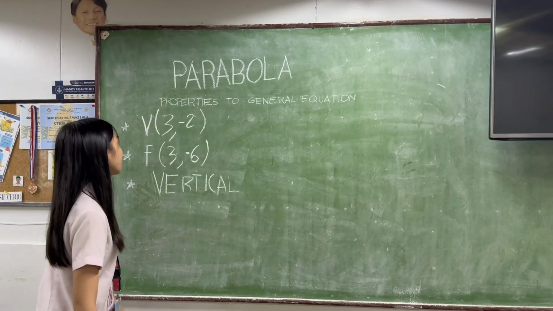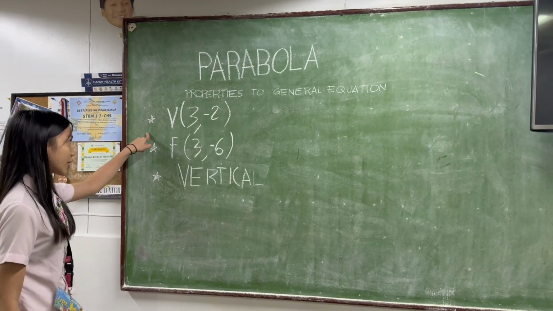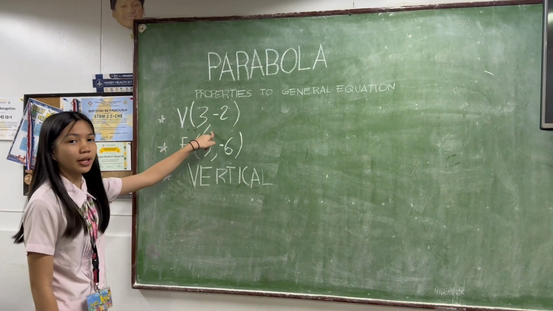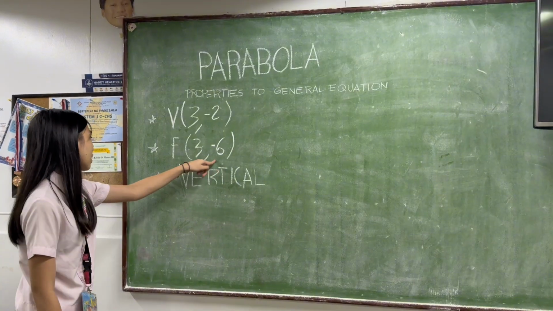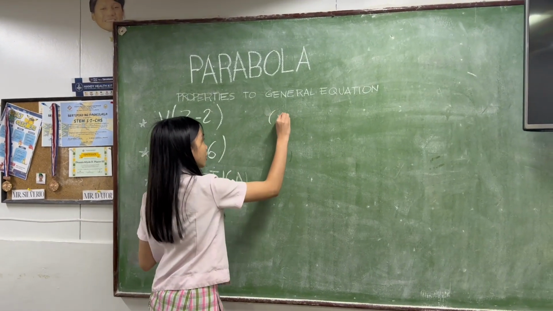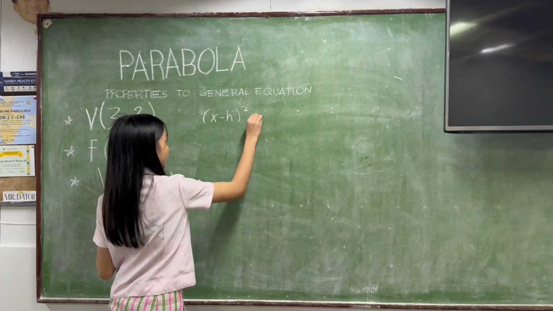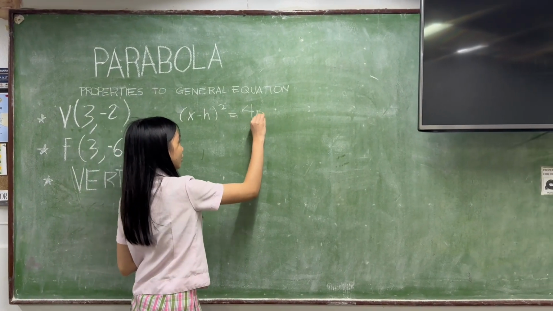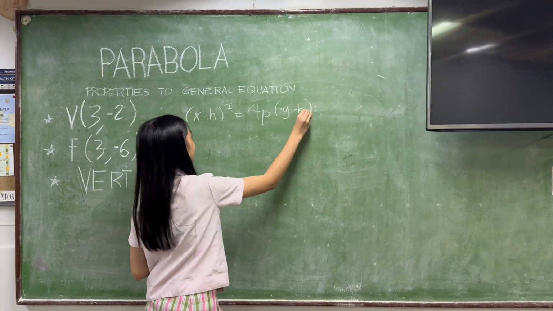Next, let's find the general equation using the properties. Given the vertex with the coordinates (3, negative 2), the focus (3, negative 6), and its axis vertical. Since it's vertical, we're going to use the equation (x minus h) squared equals 4p times (y minus k).